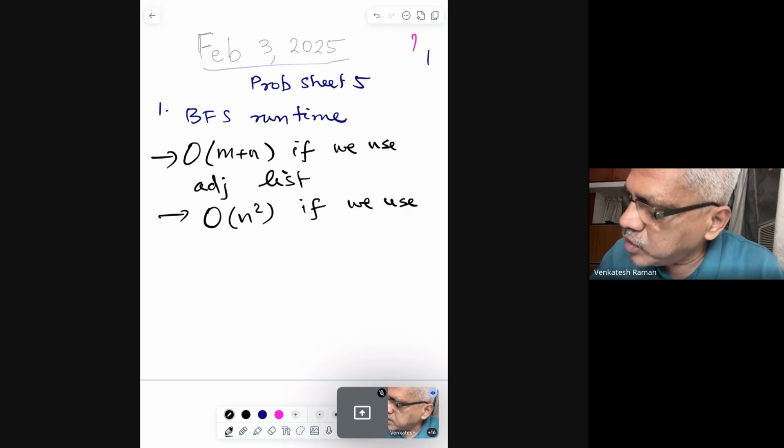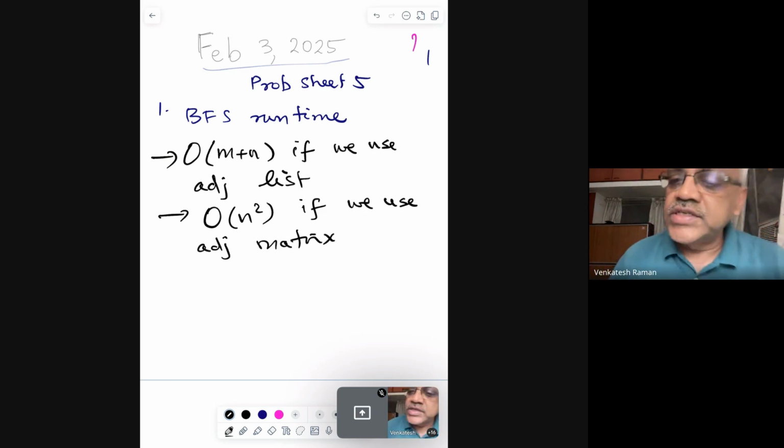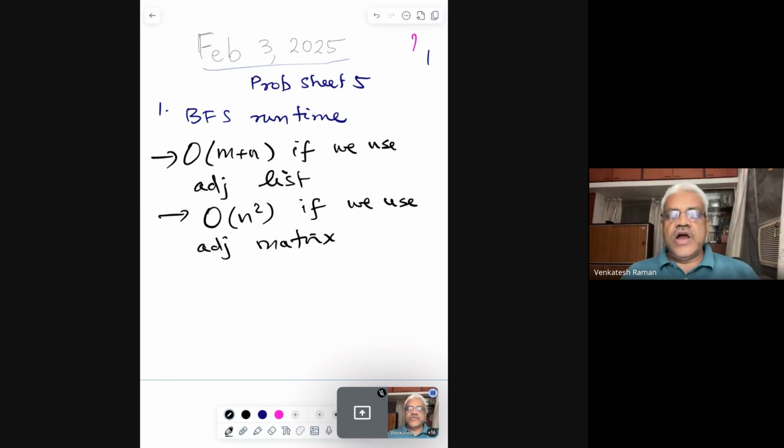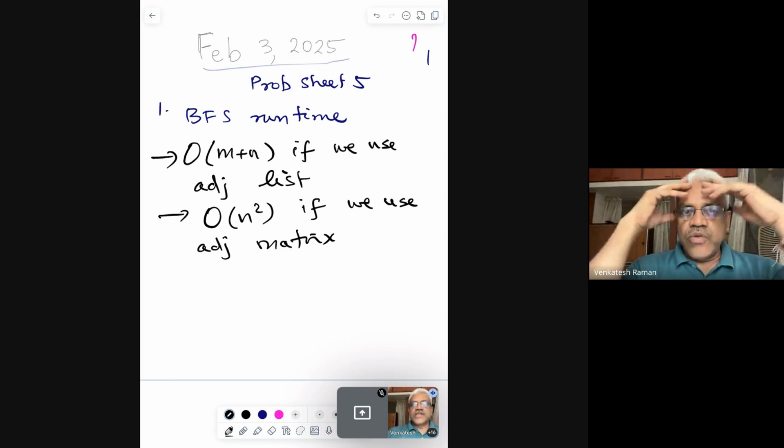So again, the whole point, I mean, since I have a fairly good experience of how you're all taught, the questions are chosen specifically to strengthen your understanding. This question will help you understand why it is m plus n. Everybody looks at it and says BFS is m plus n with adjacency list. Why?